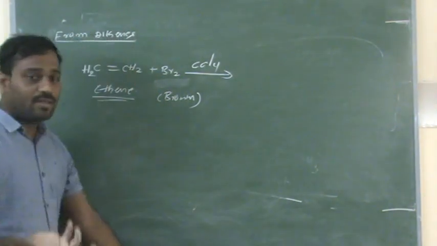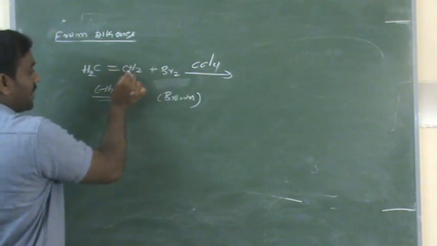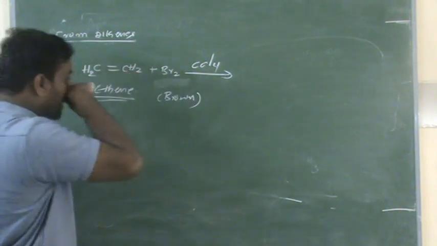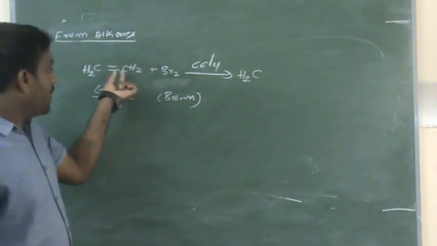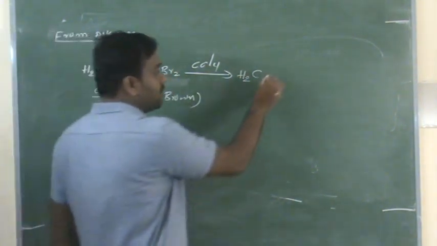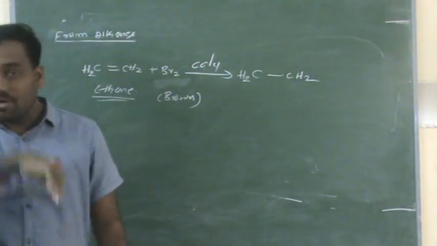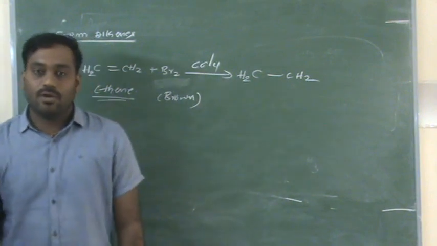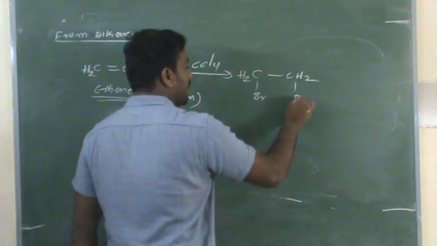What happened there? Simple. The Br is going to attack. One Br is attacking here, another Br is attacking. This is also electrophilic addition. The double bond is converted into a single bond. Then one Br is added here, another Br is added here.